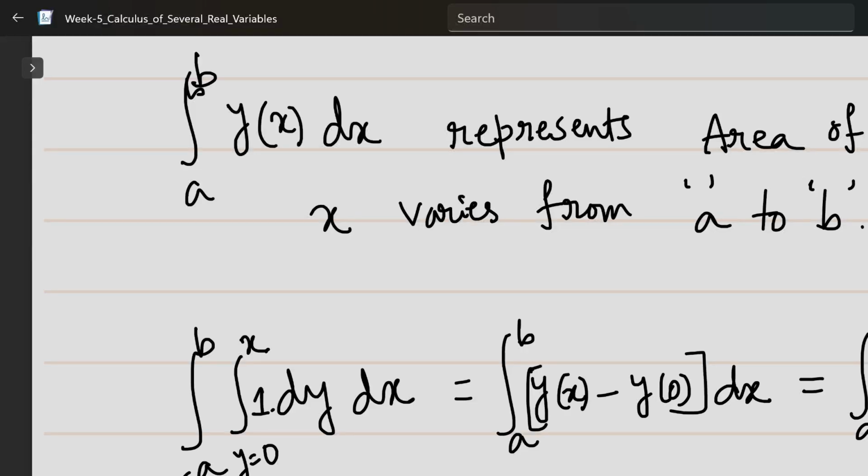Similarly, a triple integral represents volume in three dimensions, because it is a three dimensional integral. dy dx means it is a two dimensional xy plane.